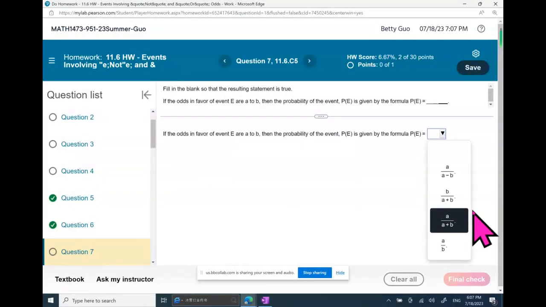If the odds in favor of event E are A to B, then the probability P of E is given by the formula.